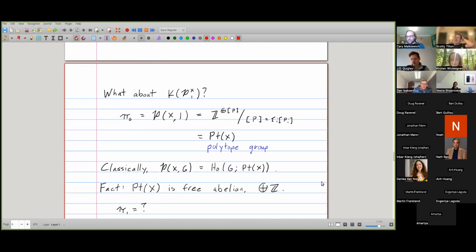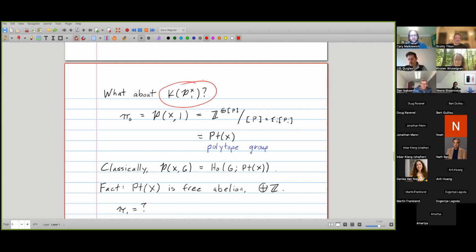This is actually a free abelian group. It's not obvious from the definition, but if you take this free abelian group and mod out by these relations, you actually get a free abelian group again. Not in any canonical way; there's no canonical choice of basis, but it is isomorphic to a free abelian group.